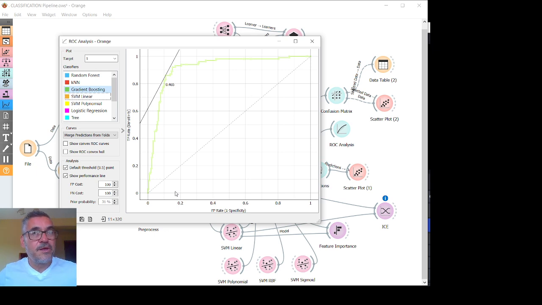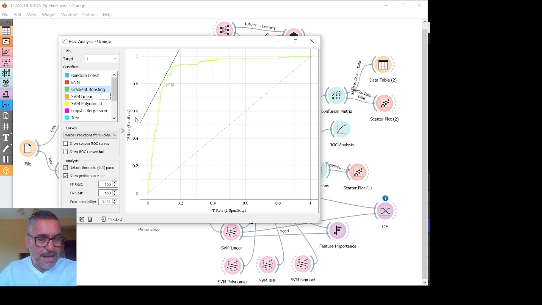Or in other words, from the people that we identify as non-payers, 10% are false positives. So this means that these people are going to actually pay.